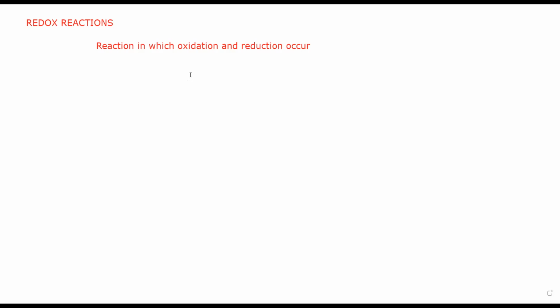You will remember from OIL RIG: O stands for oxidation, I stands for is, and L stands for loss. So oxidation is loss, but loss of what? It is a loss of electron.